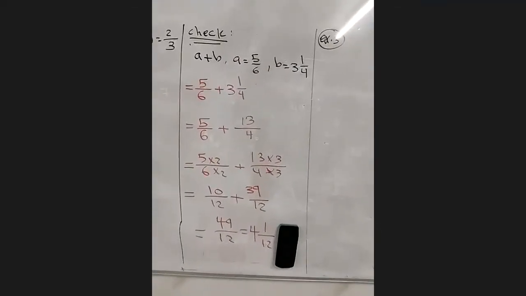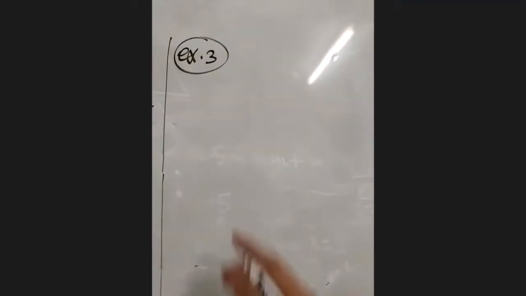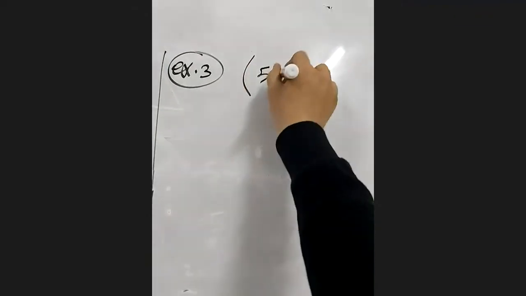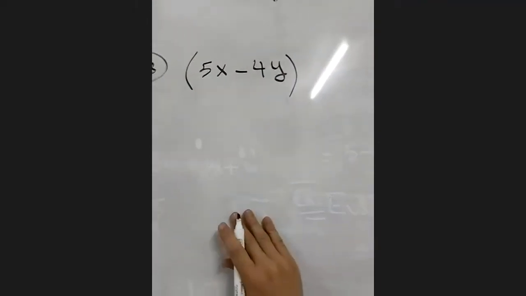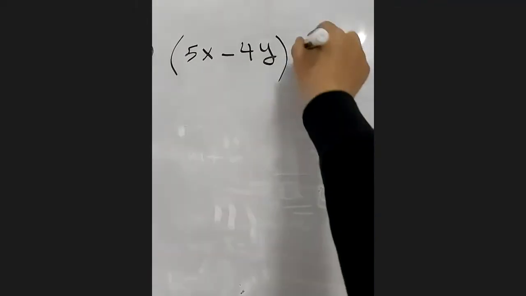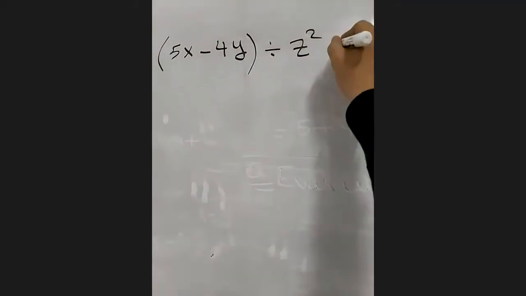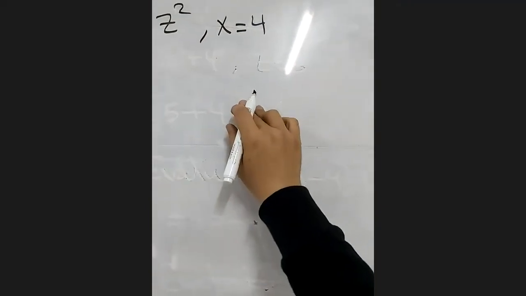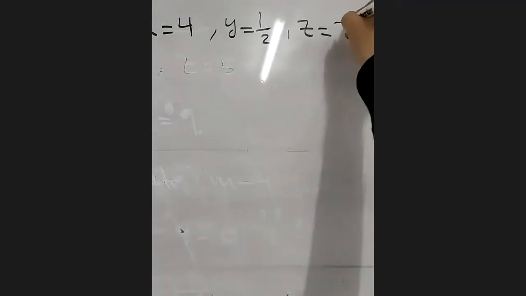Yes, Mr. Wait, parenthesis 5x minus 4y close parenthesis divide z to the power 2 when x equal 4 and y equal half and z equal 3.